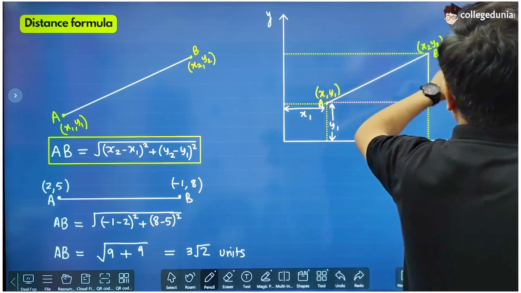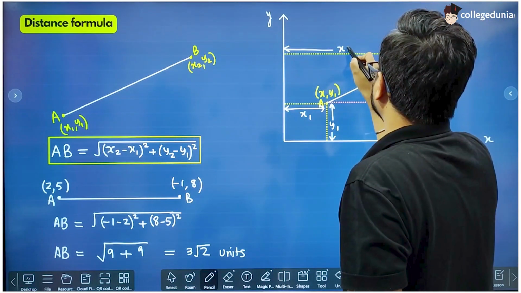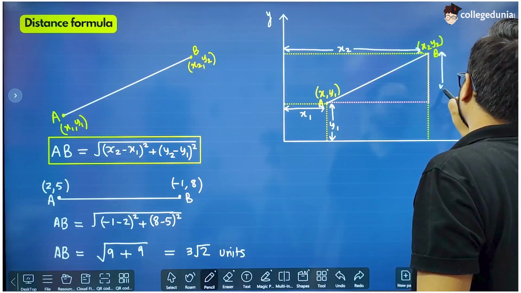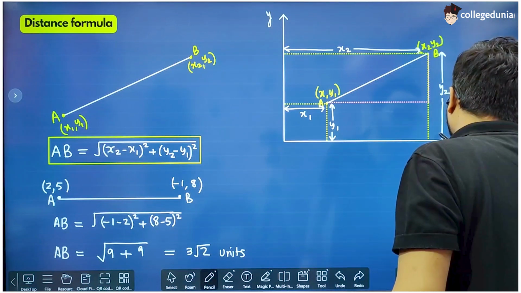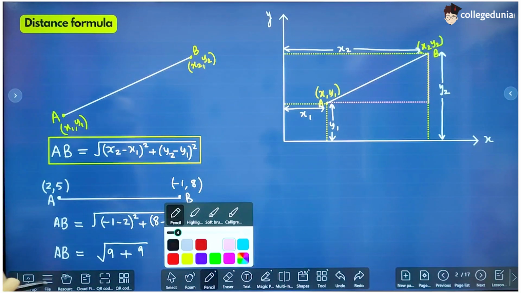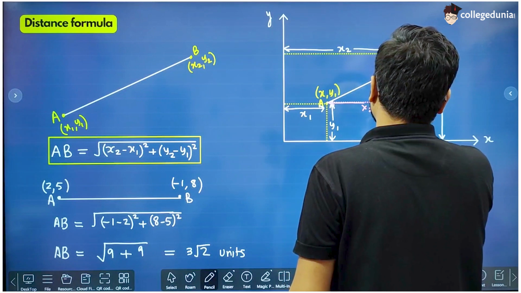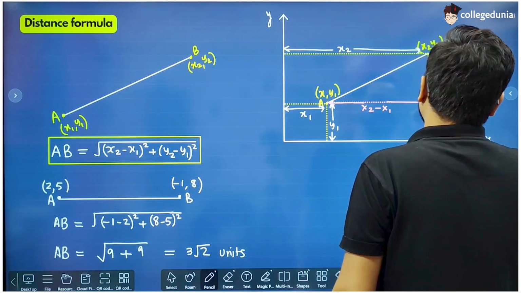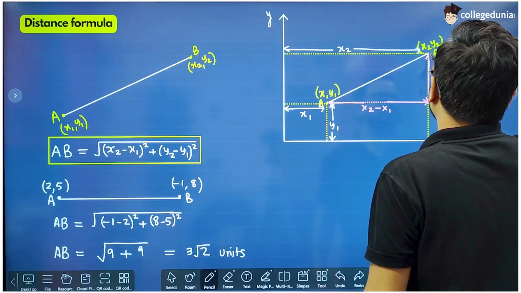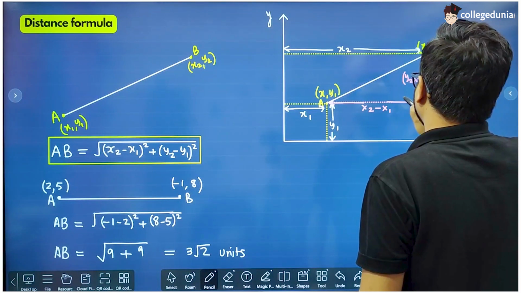And if the coordinates of this point are x2 y2, then this whole distance is x2 and this is y2, which makes this pink distance x2 minus x1 and this distance y2 minus y1.